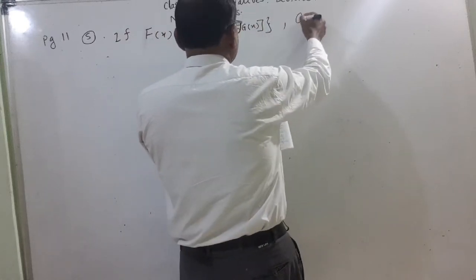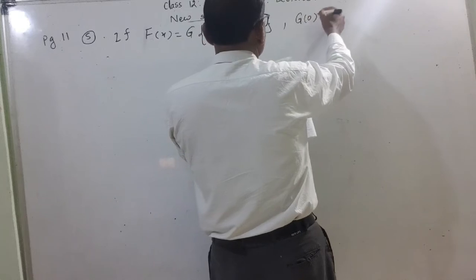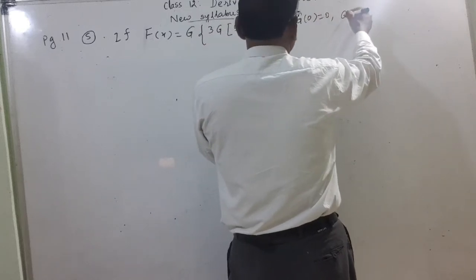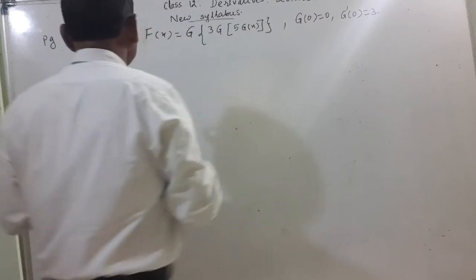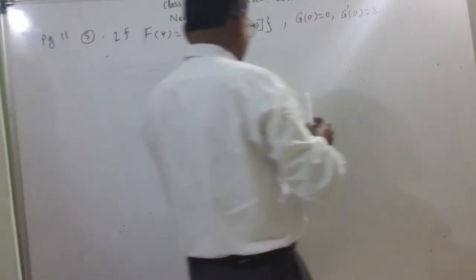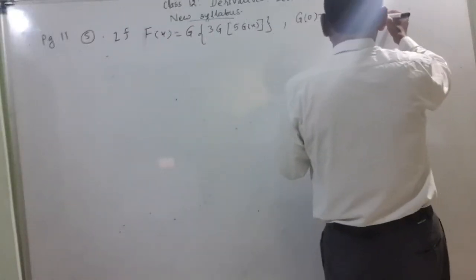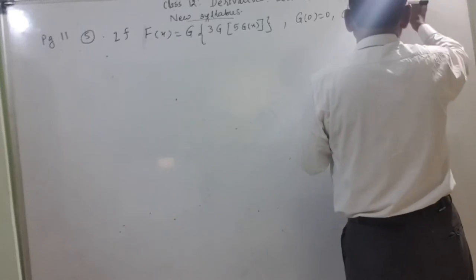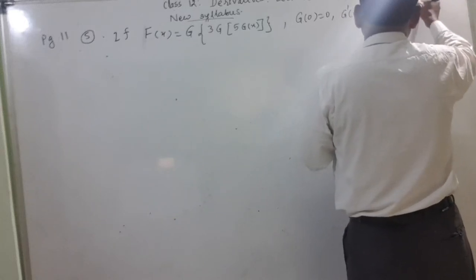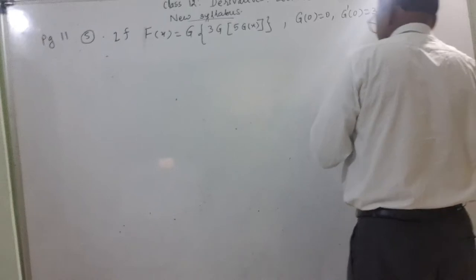And what is given? g of 0 is equal to 0, g dash of 0 is equal to 3. Find f dash of 0. F is given, and f dash of 0 is equal to question mark. This is what they want.